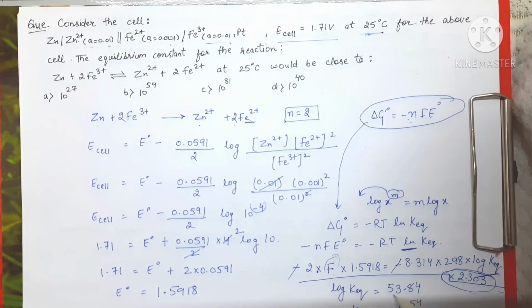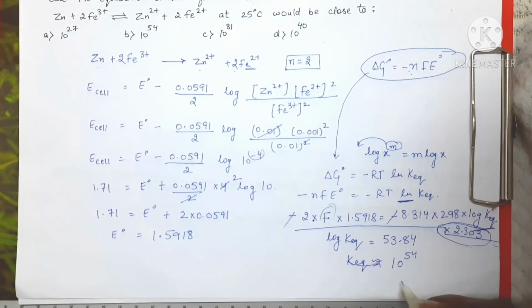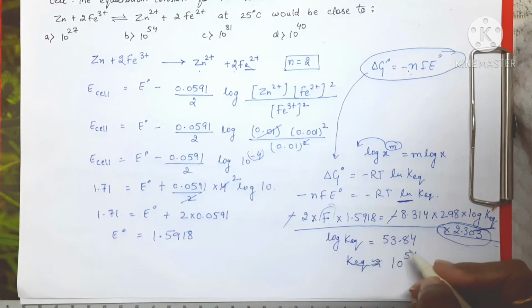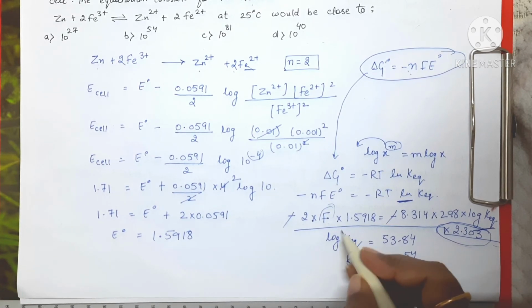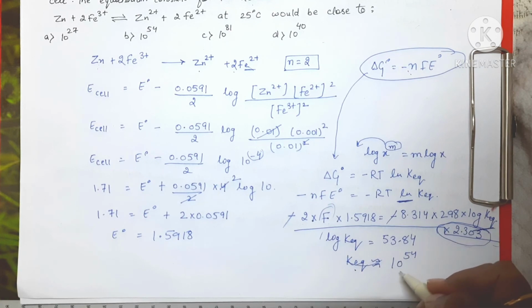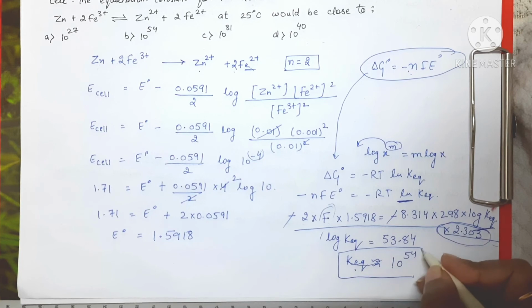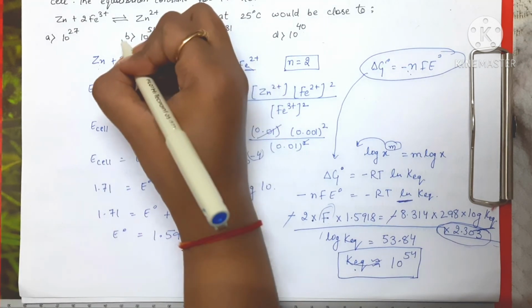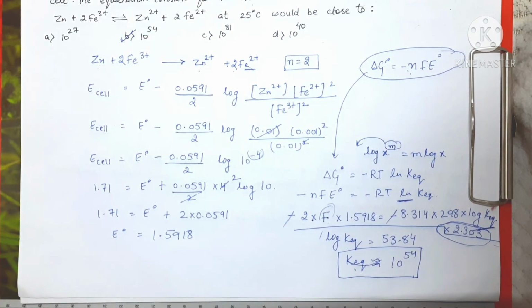This log goes to the other side and becomes 10 to the power, so K equilibrium is almost equal to 10 raised to the power 54. So the approximate answer will be equilibrium constant equals 10 to the power 54. So the correct option is option B.